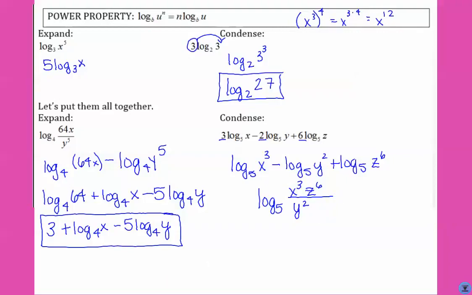Now, a lot of people want to say, well, it came after the minus sign, so it must go in the denominator. If it was to go on the bottom with y squared, we would have had parentheses here. We would have had parentheses up here. Because we don't have those, z to the 6th is going to go in the numerator. And that's as condensed as this can be.